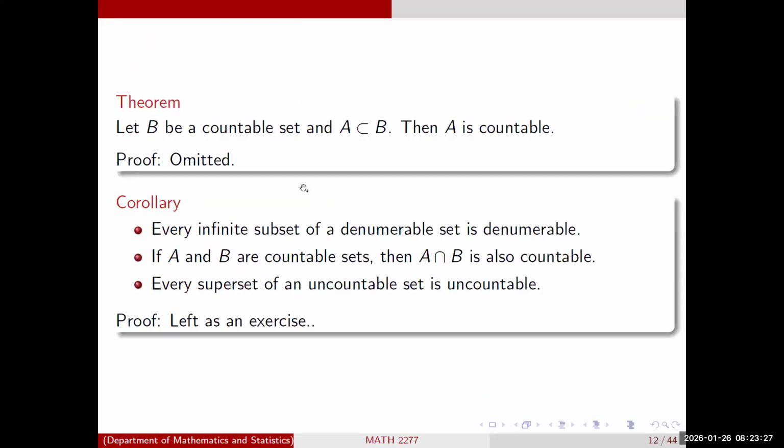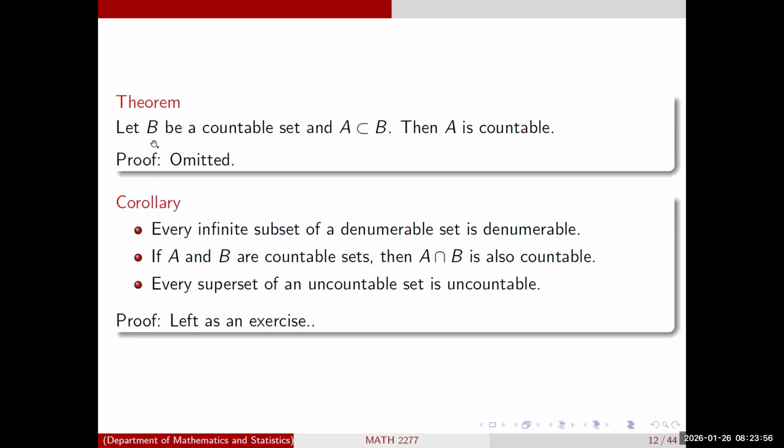The extension is given by these results. If B is countable and A is a subset of B, then A is countable. Or every subset of a countable set is also countable. And the corollaries are given by every infinite subset of a denumerable set is denumerable. Countable means either finite or denumerable.